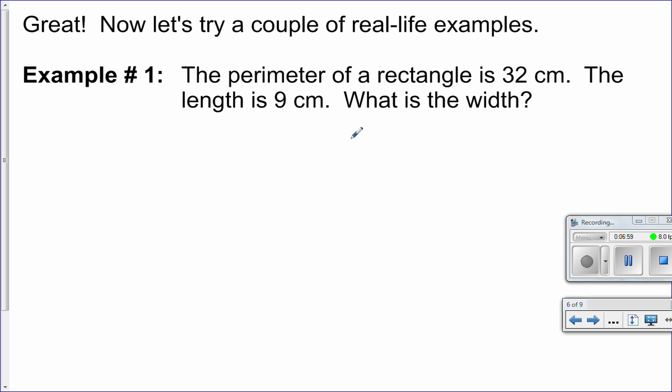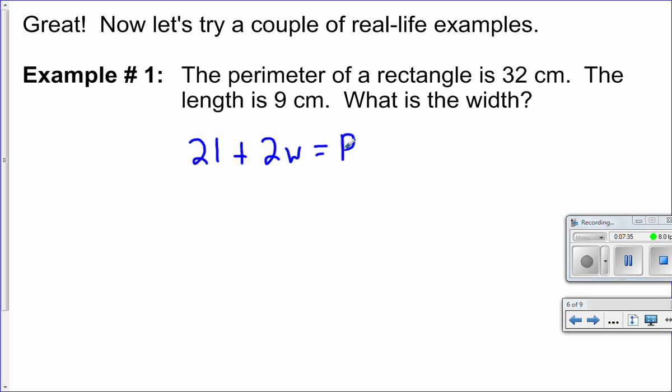Actually, I'm going to write it this way. The perimeter of a rectangle can be found by multiplying the length times 2 and the width times 2.